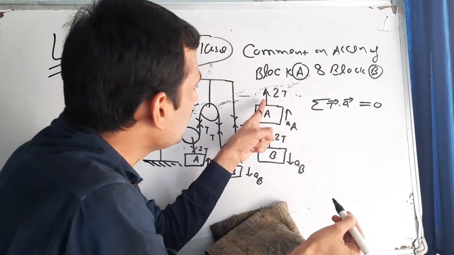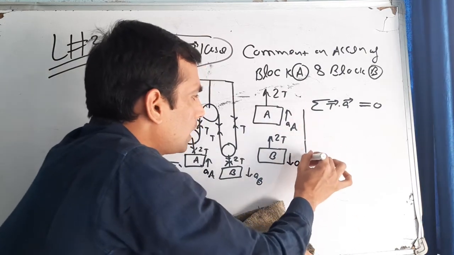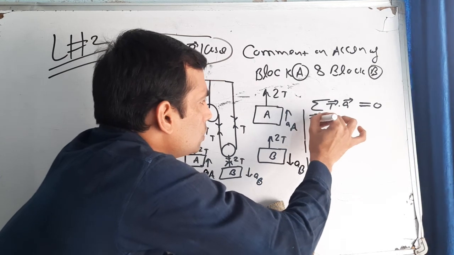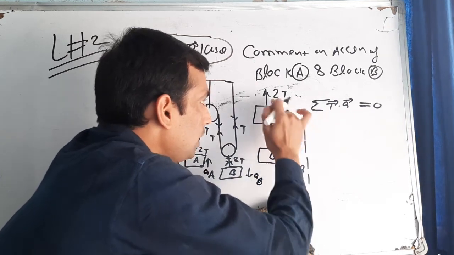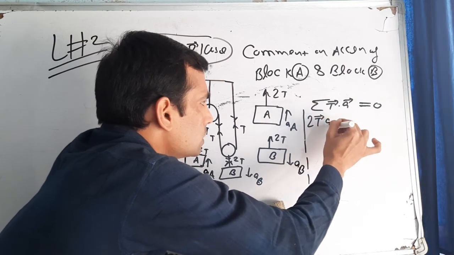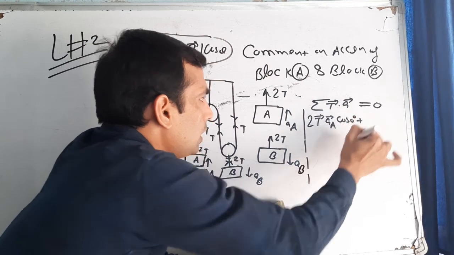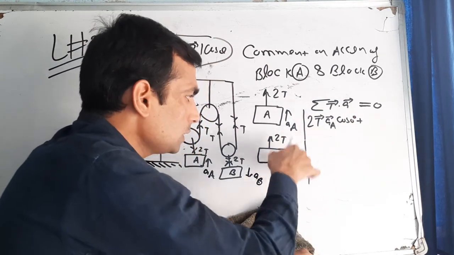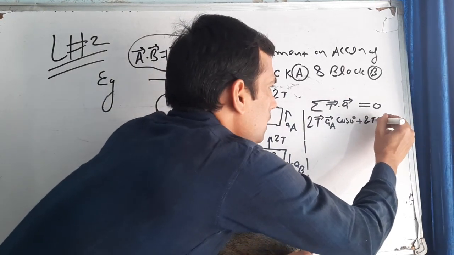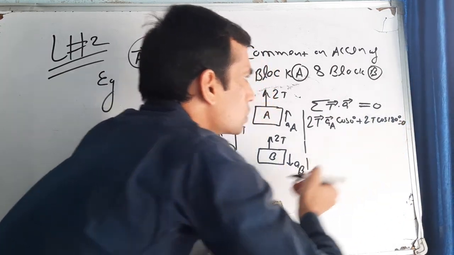You can see T and a both are in the same direction, so students, you can tell this is 2T, not T only. This is 2T into acceleration of block A into cos 0 degree plus 2T into cos 180 degree, which is equal to 0.